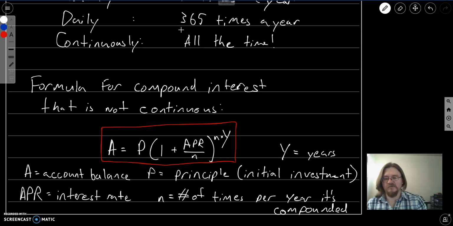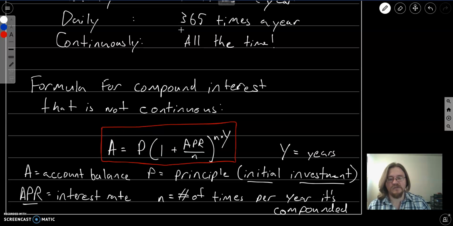So we have the account balance is going to be this. And this looks a lot like some of the formulas that we've seen earlier, but it has this extra n in here. So P is going to be how much we initially put into our account. How much are we investing initially? And we'll take P times 1 plus the APR over n. APR is going to be the annual percentage rate, or the interest rate.